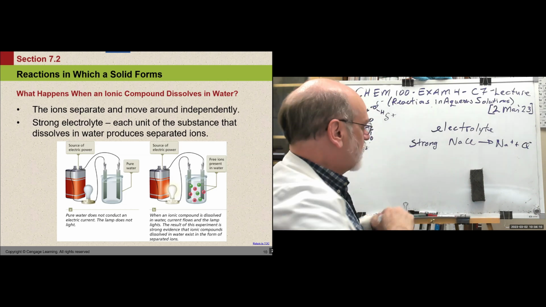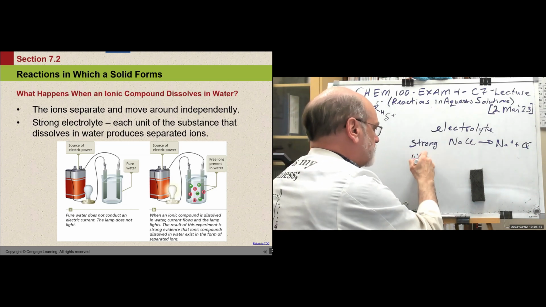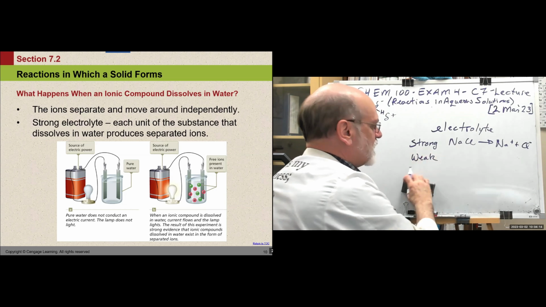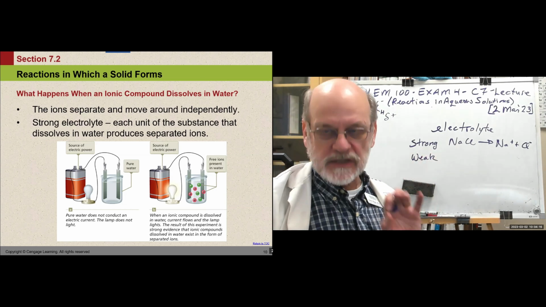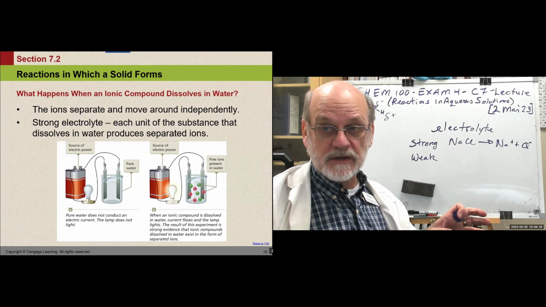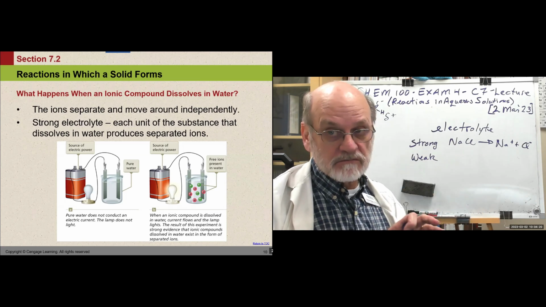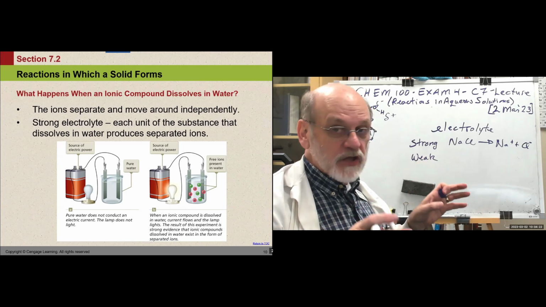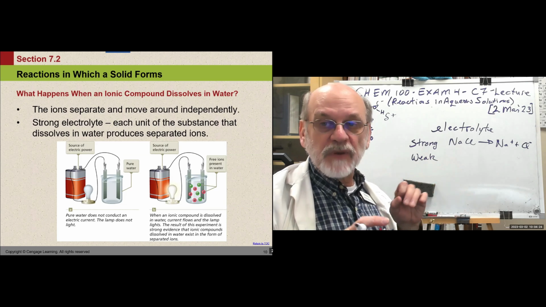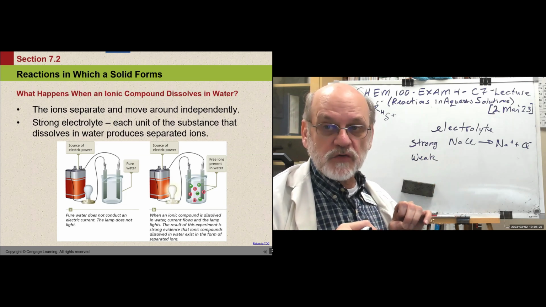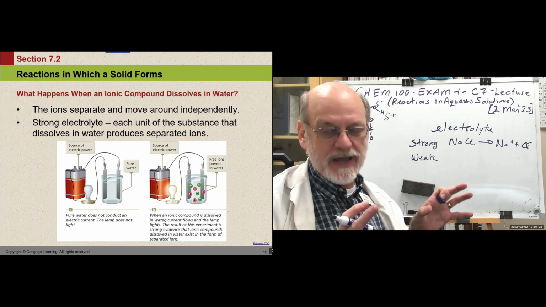A weak electrolyte, on the other hand, is a substance that only partially produces ions. It's still in solution, right? The molecules are still in solution, but they don't break apart into many ions, only a few ions.